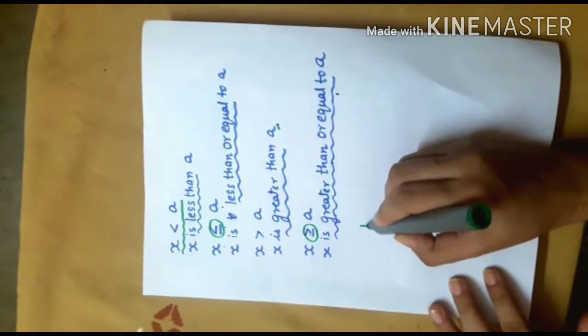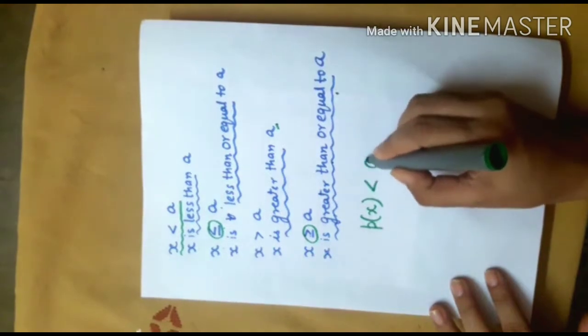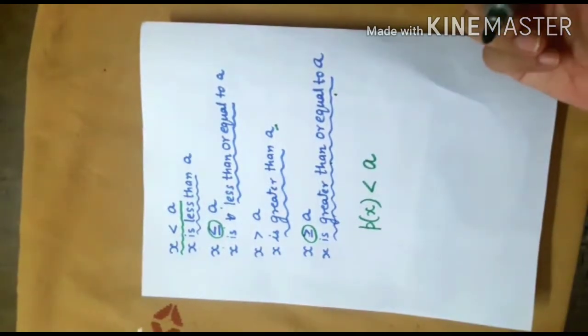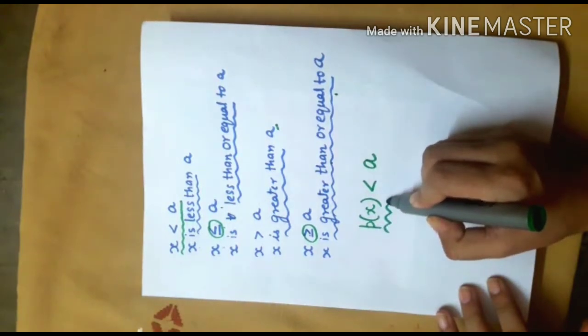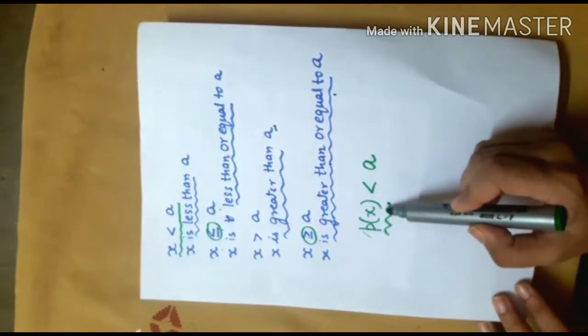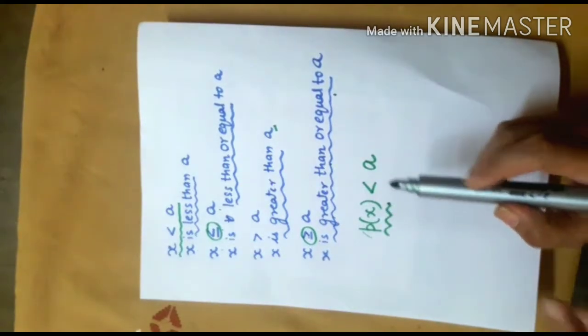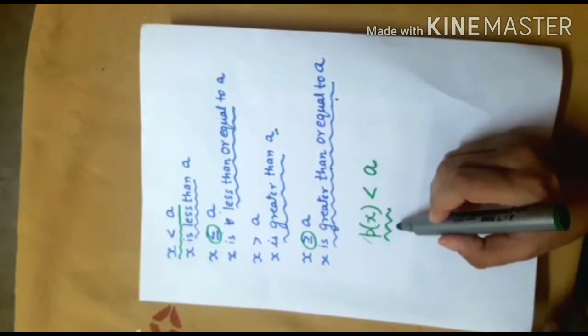Now, p(x) is less than a. Here p(x) is a polynomial. If the degree of this polynomial is 1, we say that it is a linear inequality.